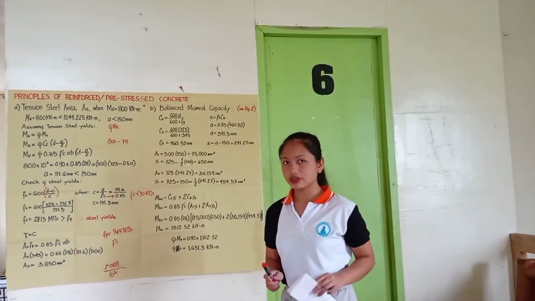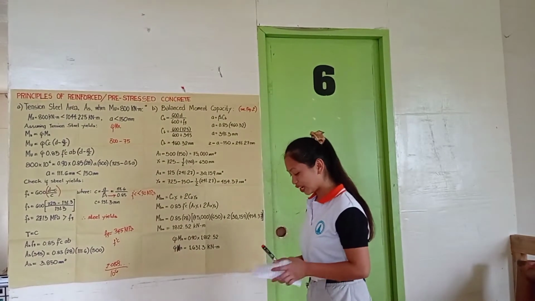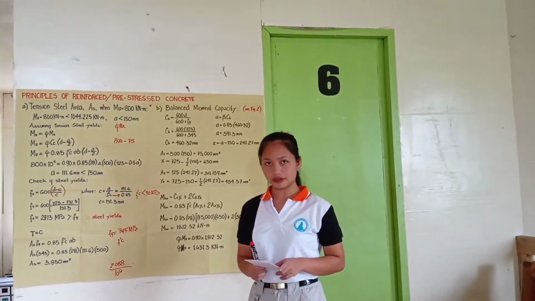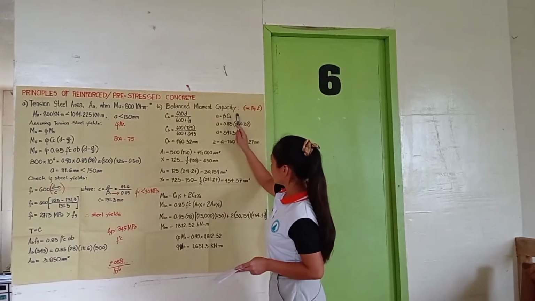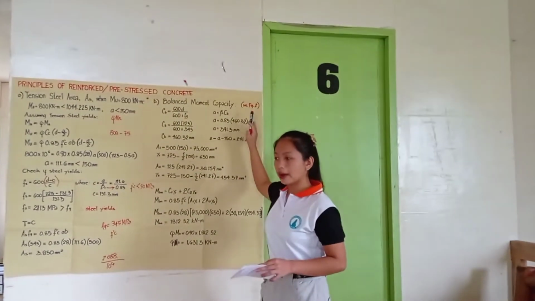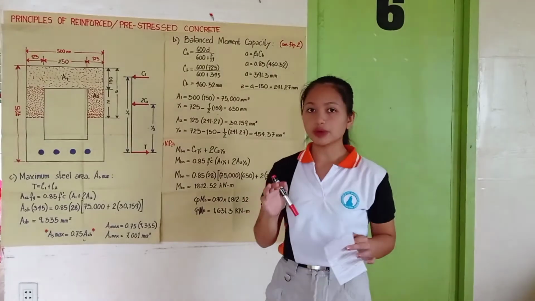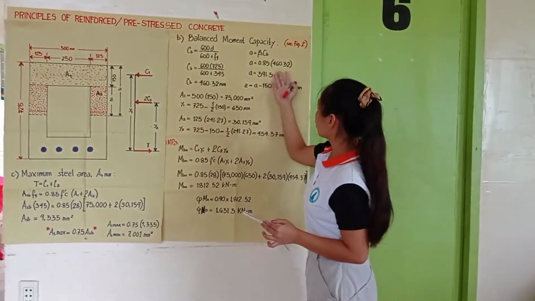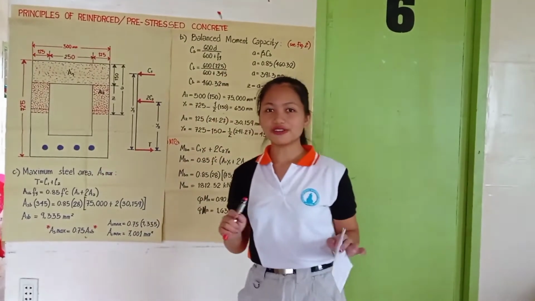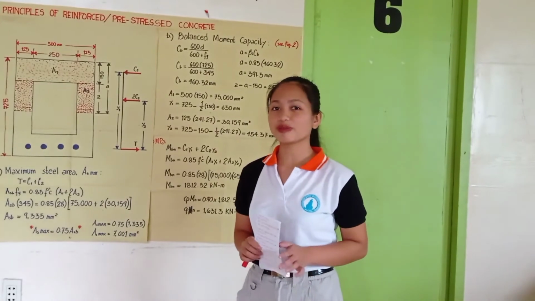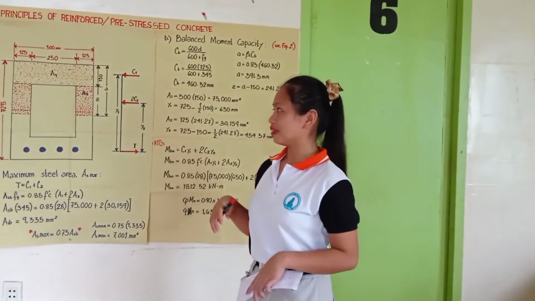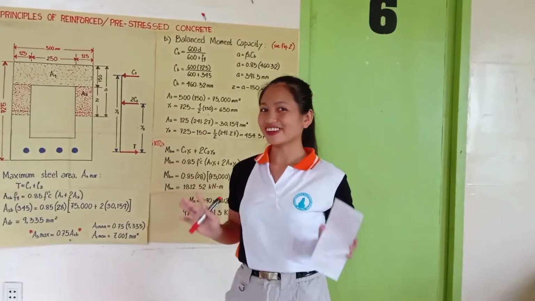So let us proceed with answering the question for letter B. That is, what is the balanced moment capacity of the beam? For the balanced moment capacity, we will refer to our figure number 2, which is this figure. I'm sorry for any inconvenience in this report because the space that our visual aid will be placed is not so wide.